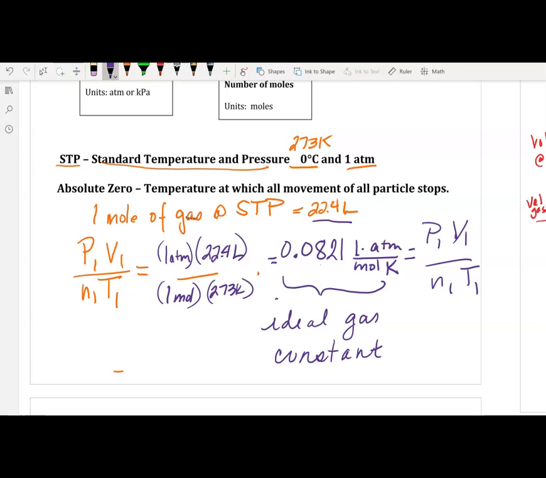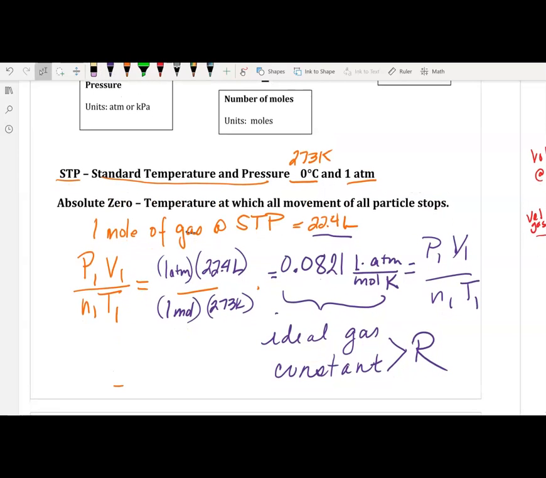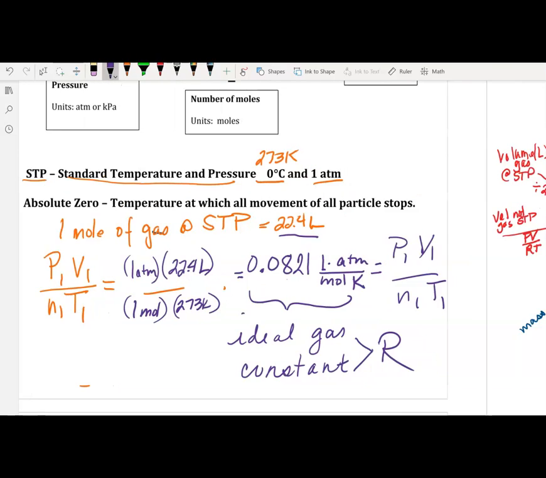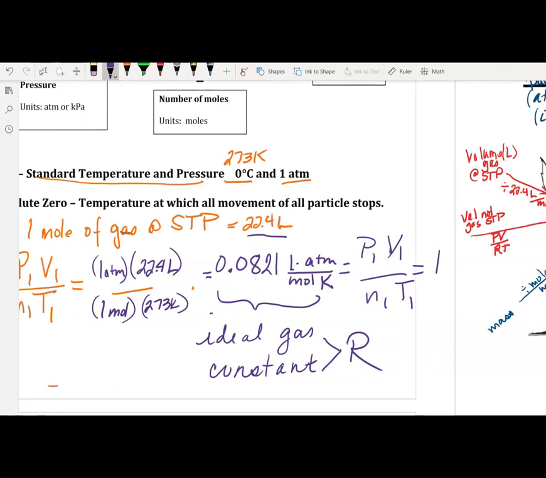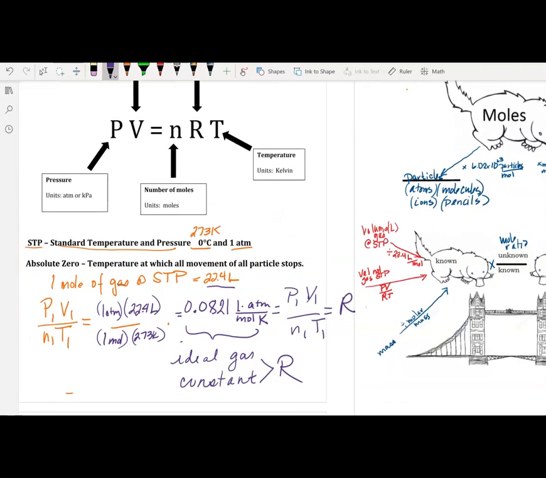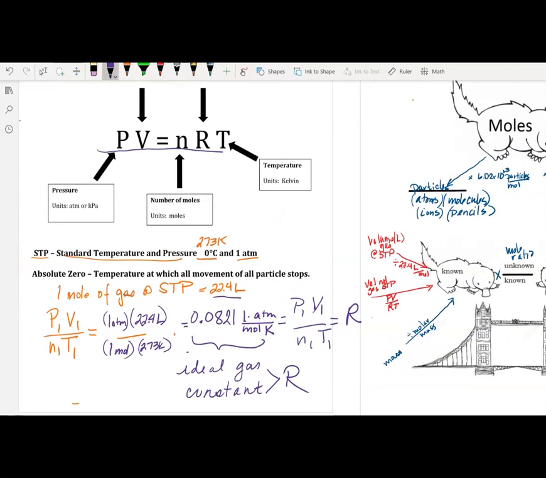So we have named the ideal gas constant R. I don't know why. And if we set PV over NT equal to R, we can rearrange that algebraically and we get this. And this is what the ideal gas constant is universally known as.